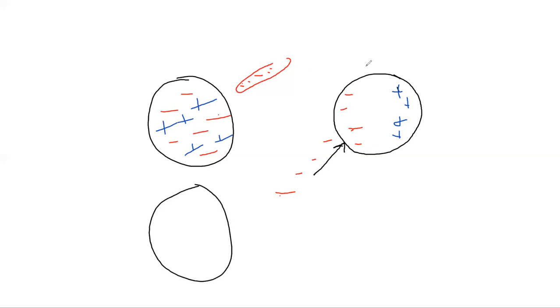My spheres stink on this thing, but you get the idea, right? My sphere is now left with positives. And not only that, I should have drawn it a little differently because we're going to keep this rod nearby. And so our positives are here, and we're still going to have our negatively charged rod nearby. Okay.